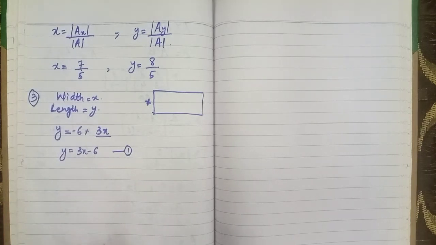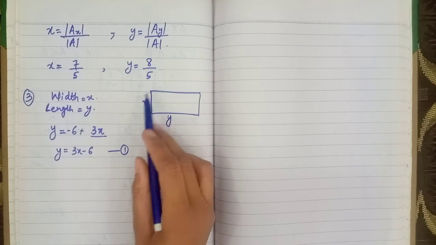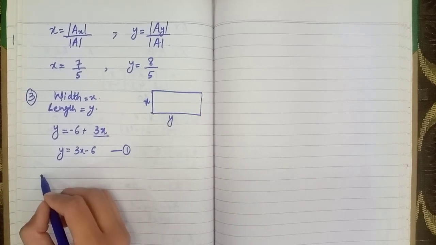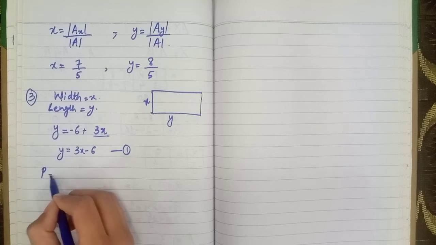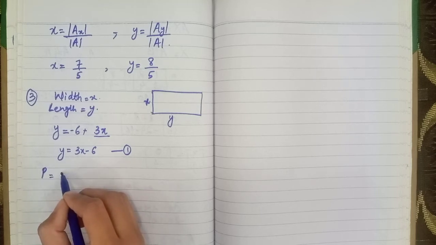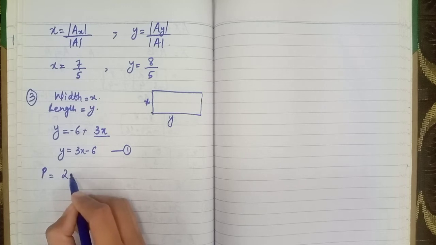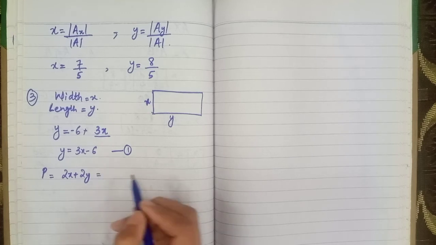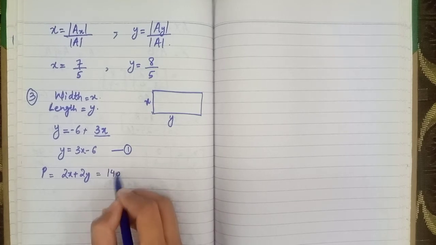The perimeter of this rectangle is 140 centimeter. Okay. What is the perimeter of the rectangle? 2 into length plus 2 into width. 2 into x plus 2 into y, that would be equal to 140.